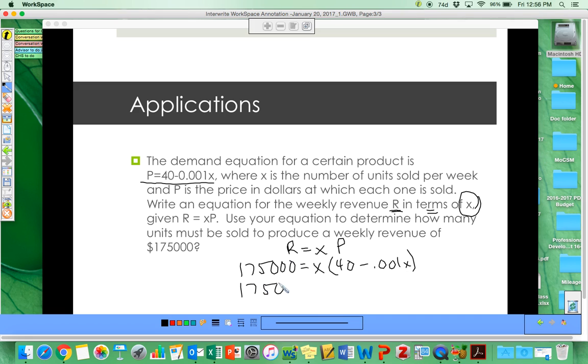So 175,000 equals, distribute my x, shows me that I have a quadratic because I have a linear term here, I'm going to need to set it equal to 0. I also like to rearrange it again so that my square is first, linear is next, and then my constant is last.